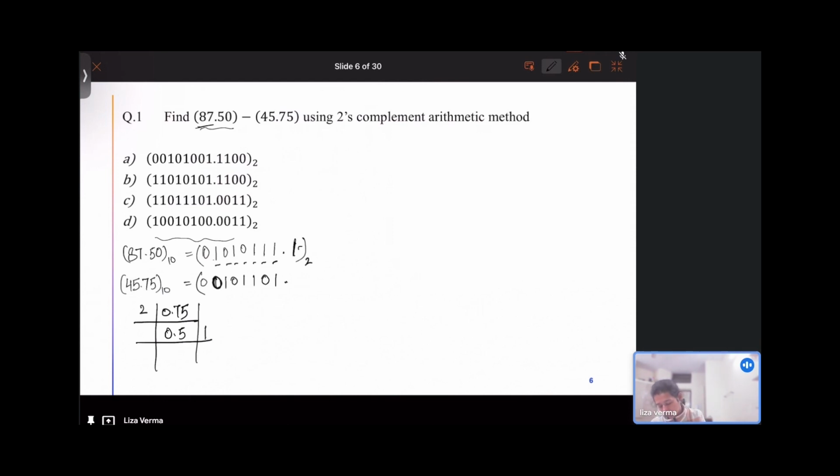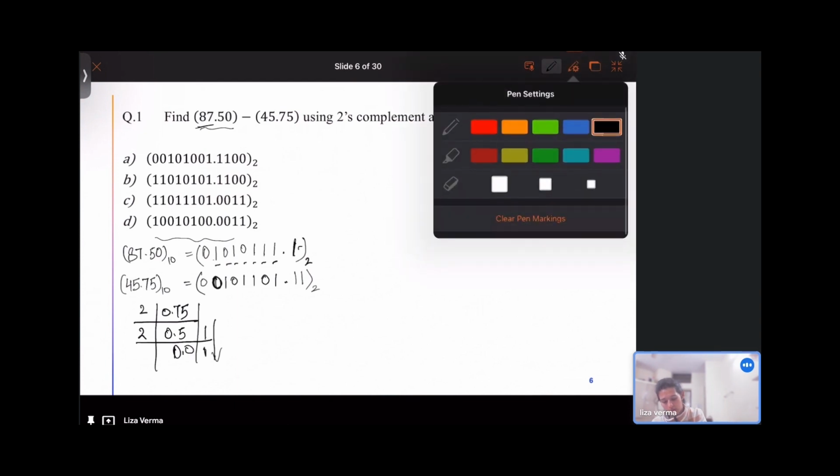Multiply it again by 2, you get 1.0, so 1 here and 0.0 here, and we take it downwards. So 0.75 is represented by 0.11 in binary. So this is the sign magnitude representation of 45.75.